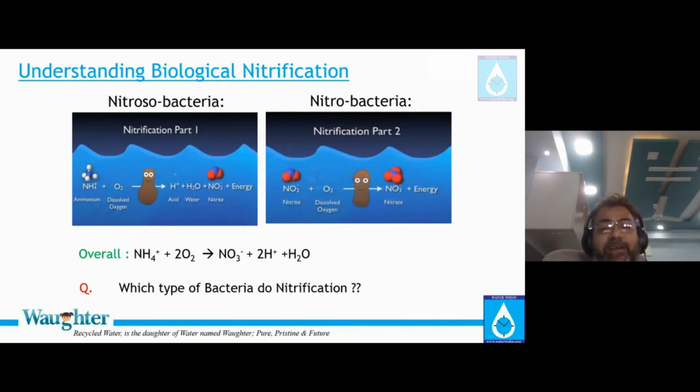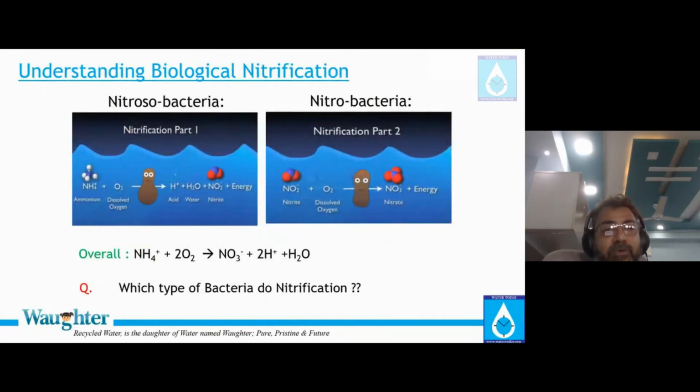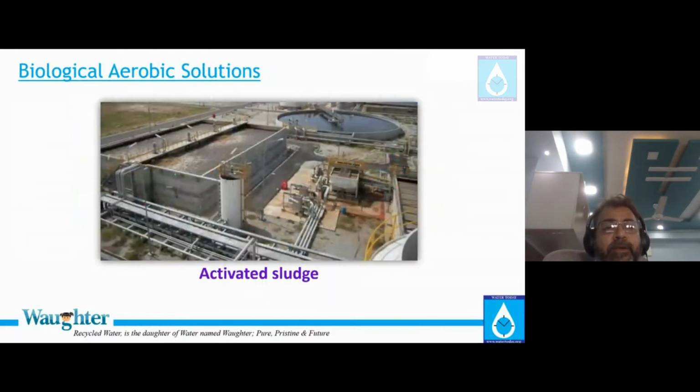You make nitrite and we will make it into nitrate. So the oxygen is consumed by two different species. One converts everything to the level of nitrite, and the second takes it to the level of nitrate. I wish I could teach you more on this, but I do not have the capability in that microbiology. But this much is sufficient actually.